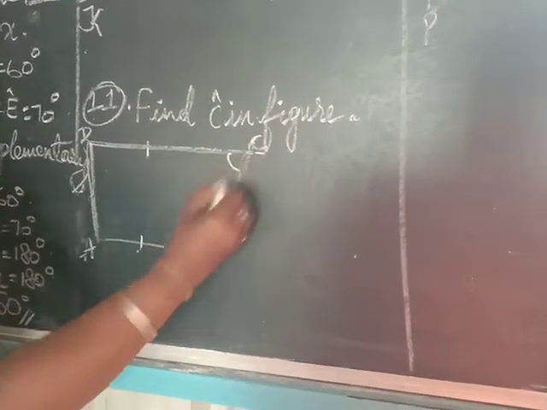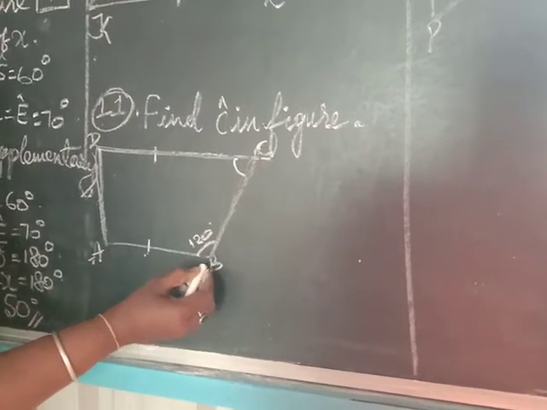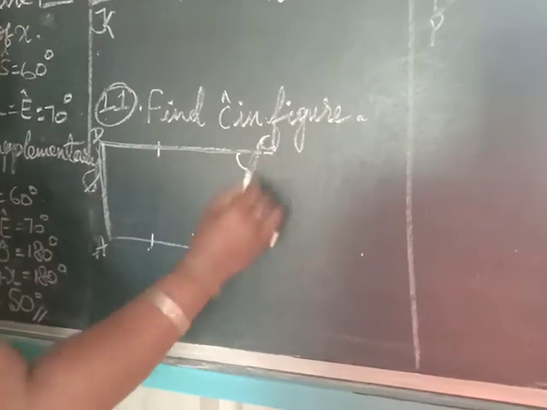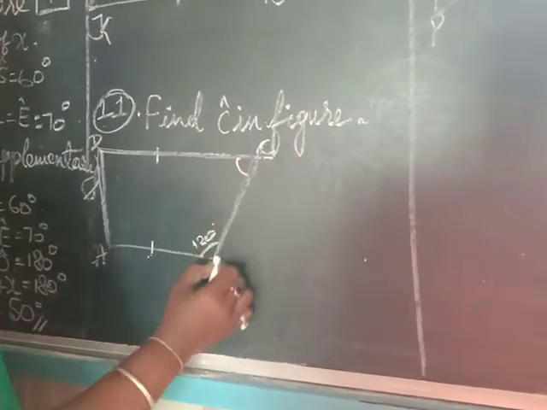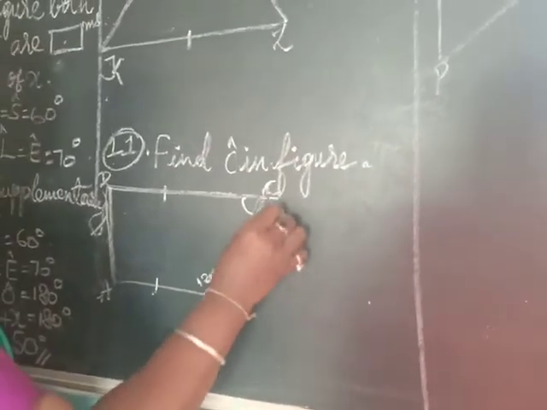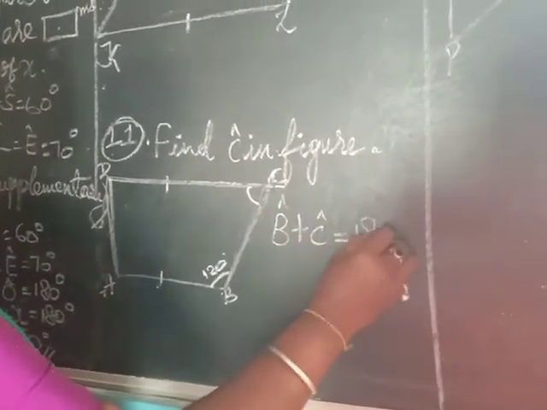One of the angles they have given is angle B, and we know that the adjacent angles B and C are supplementary. So angle B plus angle C is equal to 180 degree.